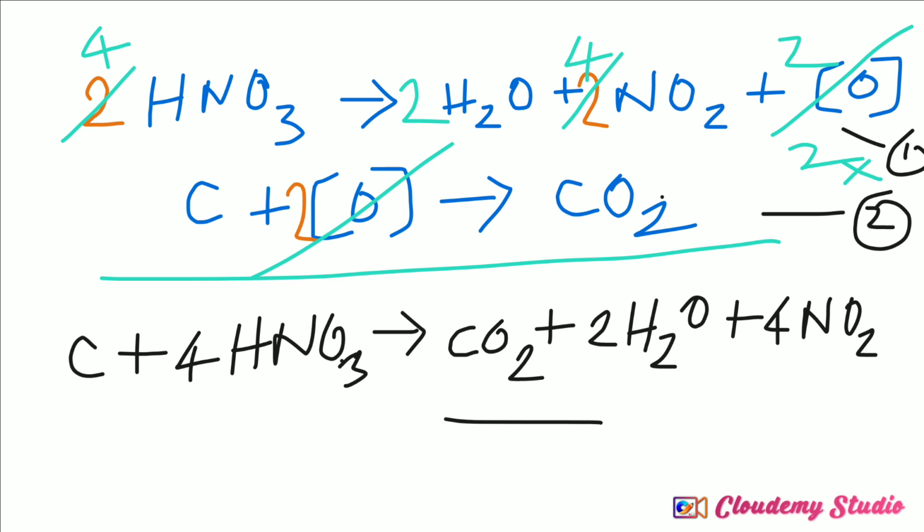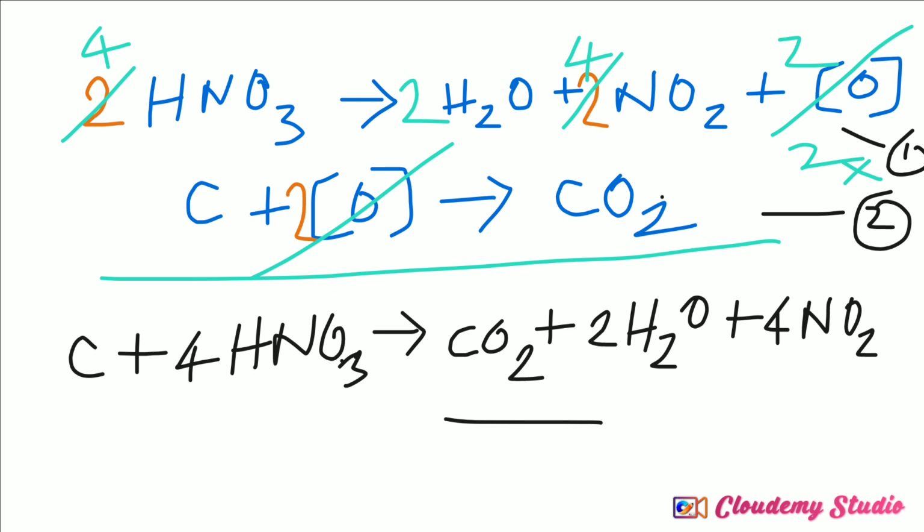Now when we check the atoms on the left hand side as well as the right hand side, all the atoms will be equal. Carbon: left hand side 1, right hand side also 1. Hydrogen: left hand side 4, right hand side also 2 times 2, 4. Nitrogen: left hand side 4, right hand side also 4.